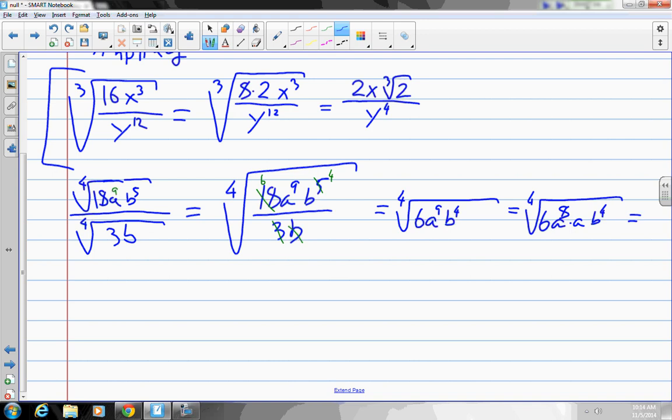So I can take the fourth root of a to the 8th power, gives me a squared. You're just dividing the powers by 4 now. b to the fourth turns into b, and we still have the fourth root of 6a.